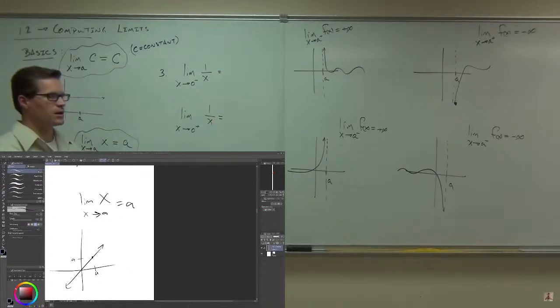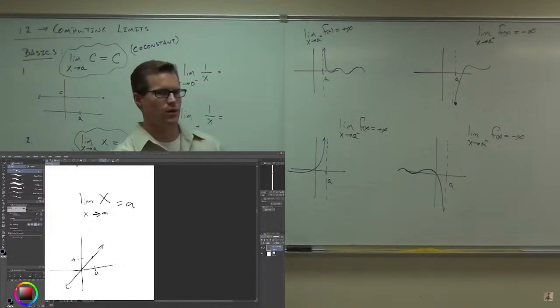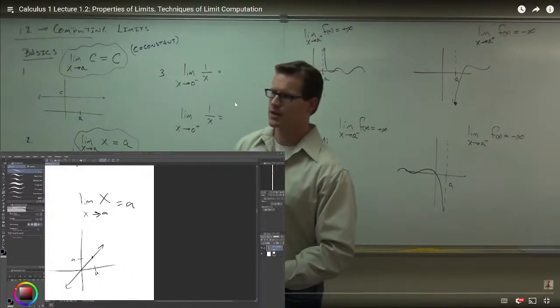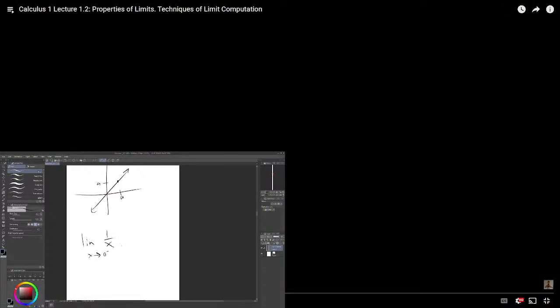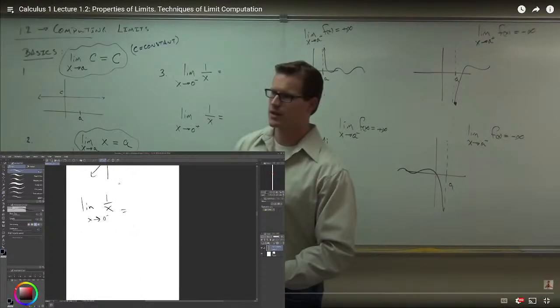How much is the limit of 1 over x as x approaches 0 from the left-hand side? Let me think.